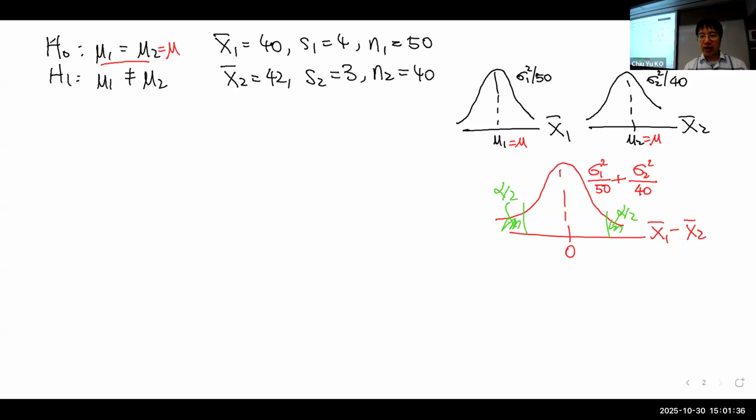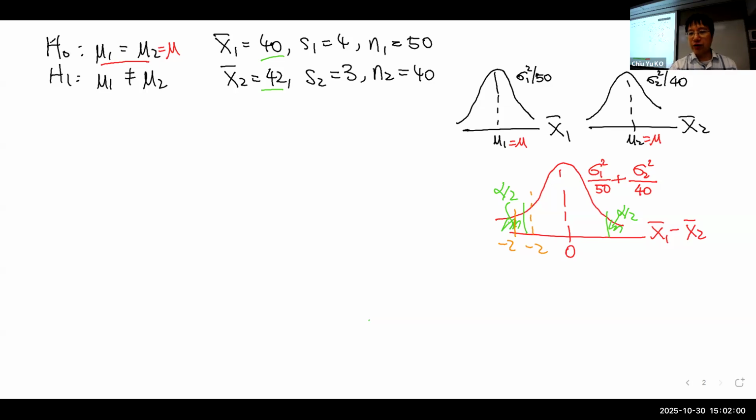And the data tell us it's -2, because this is 40 and this is 42. So what we have is -2 here. I don't know if it's here or here. So there's a question: if -2 is in the green region, then we reject. Otherwise, not.